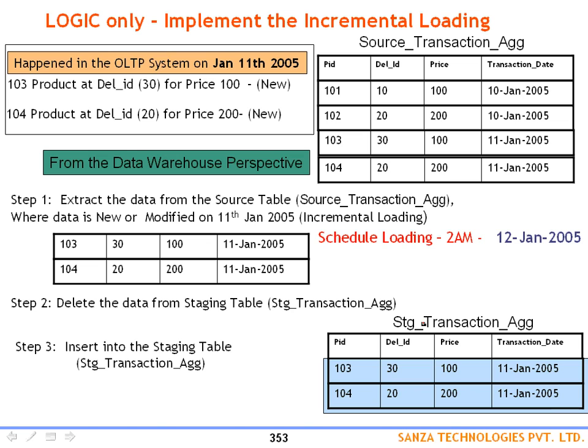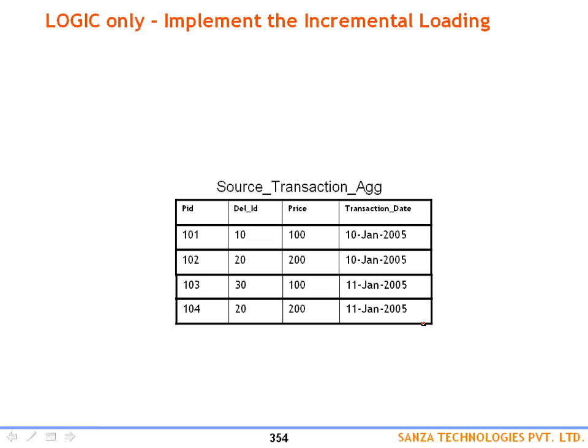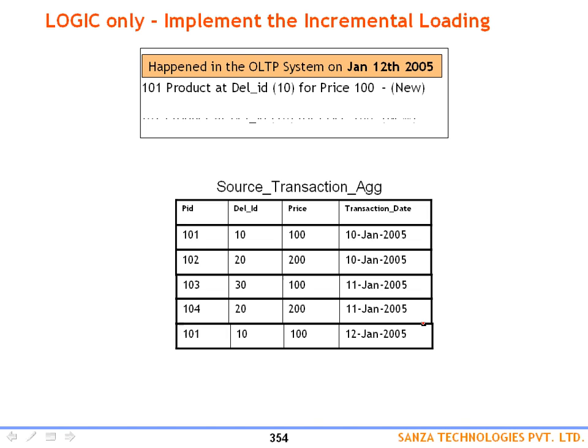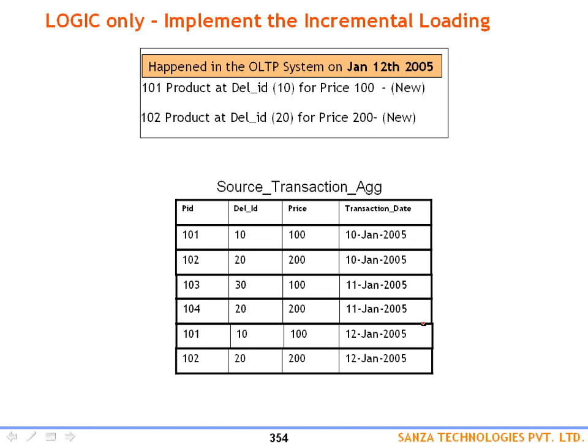So our discussion: delete the data, extract and load. Now what happened next day? In your source, another transaction happened on 12th January 2005.